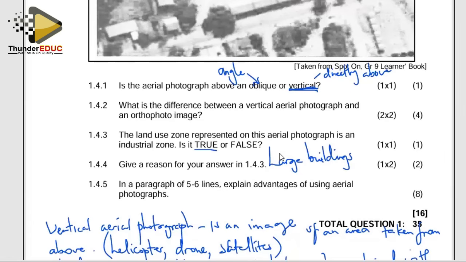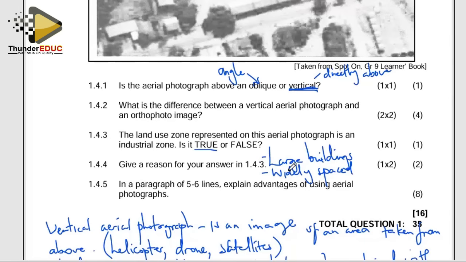And besides large buildings, let's also look at the spacing of the buildings. They are widely spaced, which is typical of an industrial area. We don't have a cluster of buildings in an industry. We have one building and the other building somewhere there.